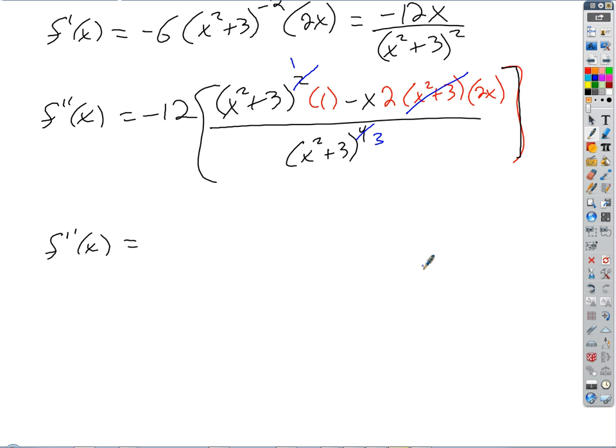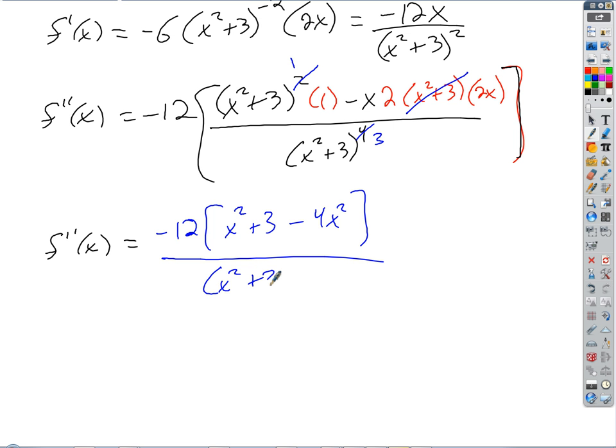And then that leaves us with negative 12 times x squared plus 3 minus 2x times 2x, which is just minus 4x squared, all over x squared plus 3 cubed, right?